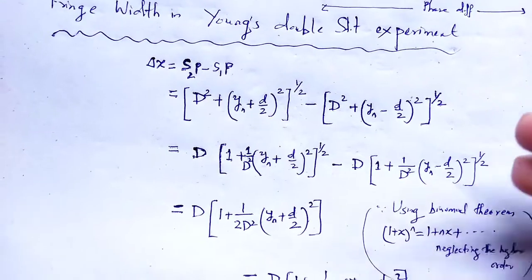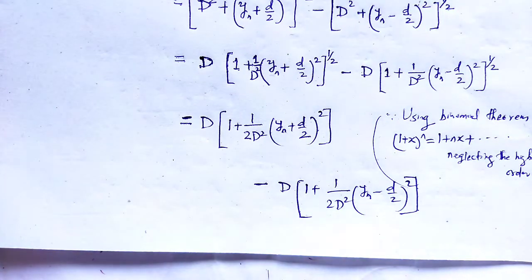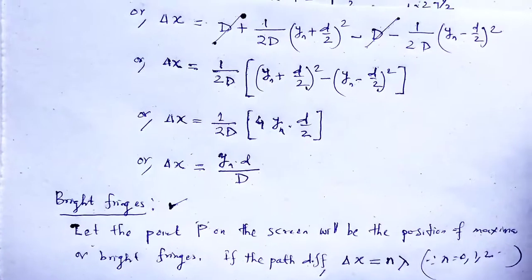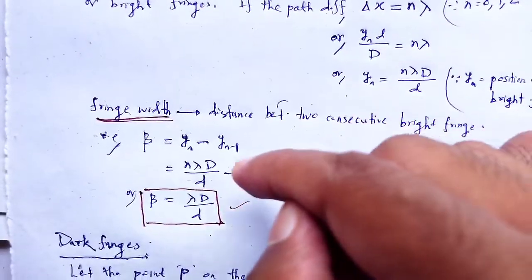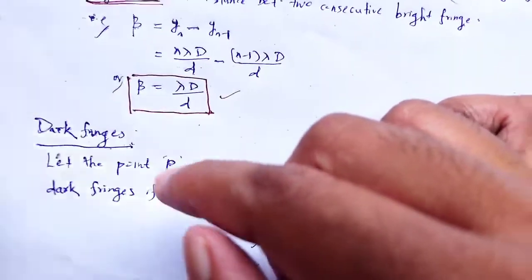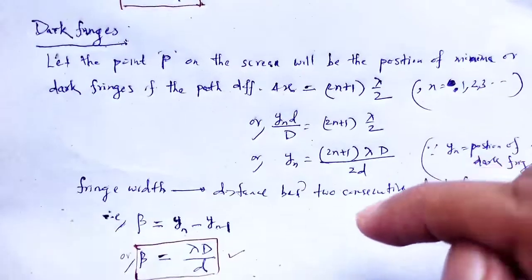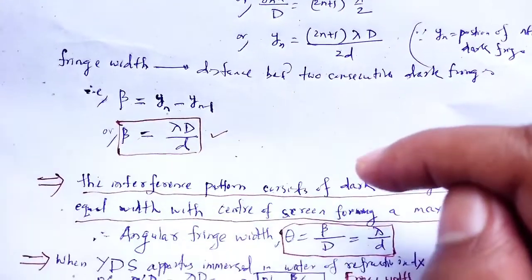Then fringe width in Young's double slit experiment: the position of bright fringe, the fringe width from bright fringes, then the position of dark fringe and the fringe width from dark fringes.